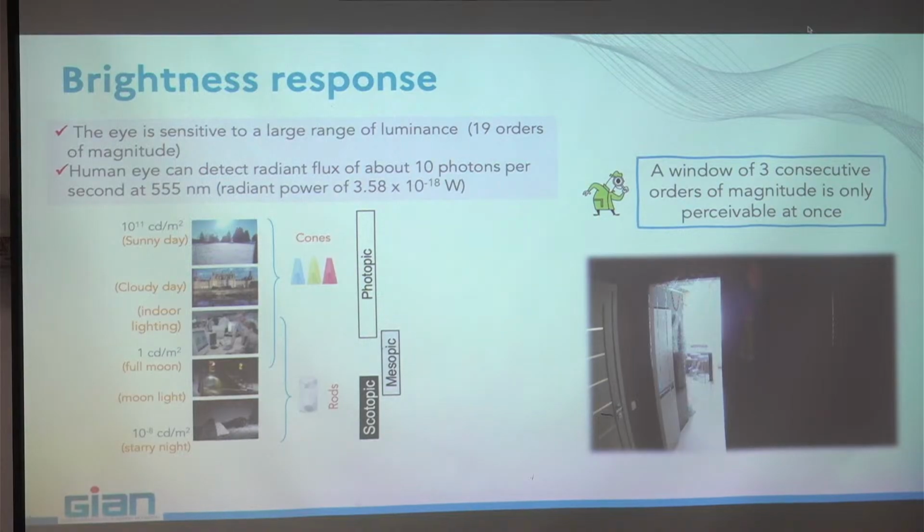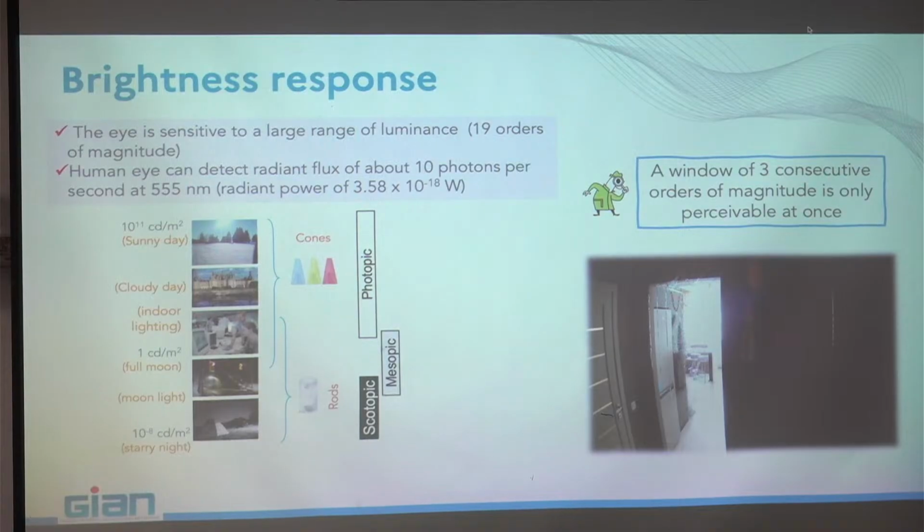But in fact, we are able to see 19 orders of magnitude in log scale. There is no camera sensor that can see such a large range of brightness. Our eye can do it, but our eye can do it by ranges of 3 orders of magnitude. How does it work?